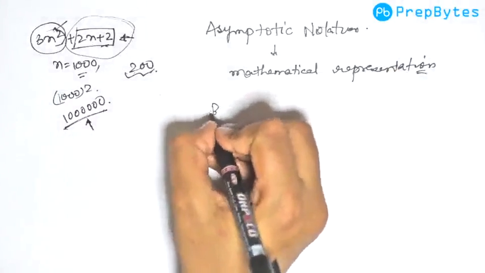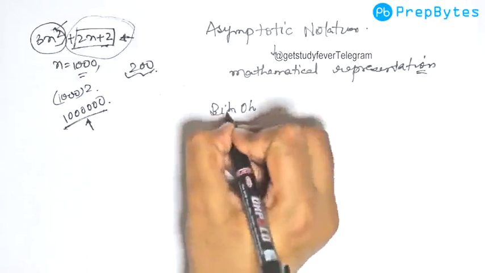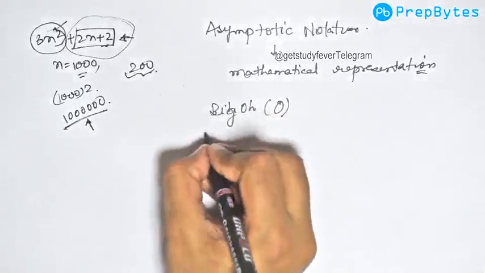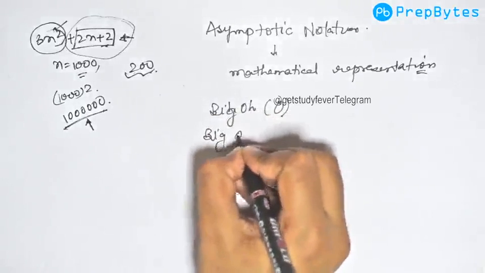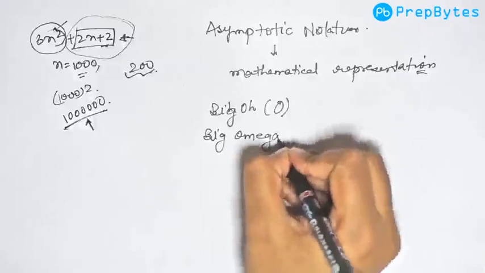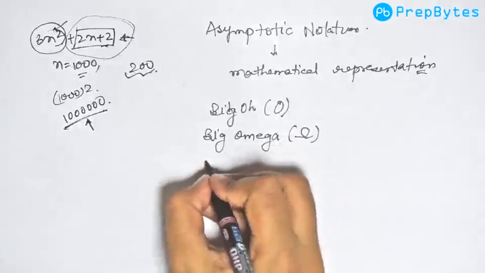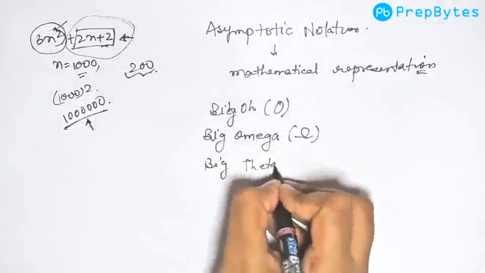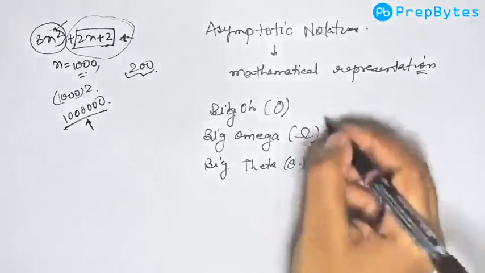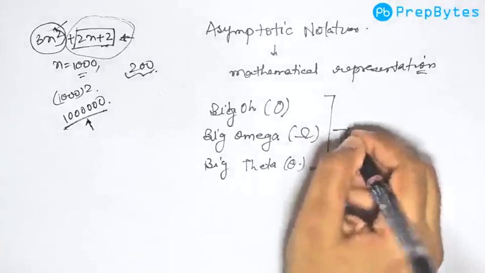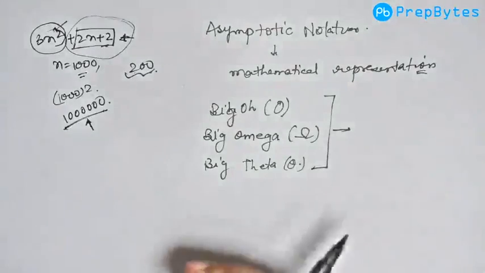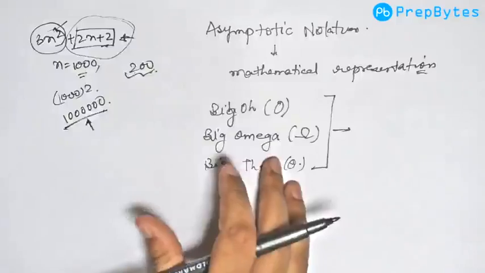We have big O, we have big omega, and we have big theta. So these are the 3 asymptotic notations, 3 ways to represent a time complexity. Let's discuss them one by one.